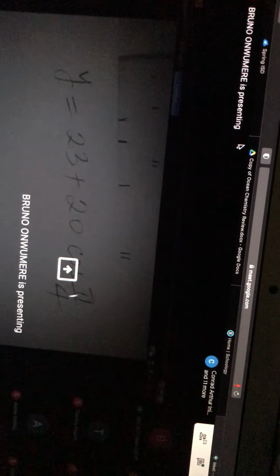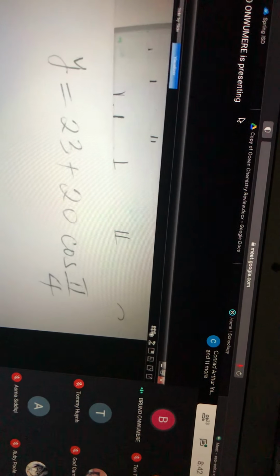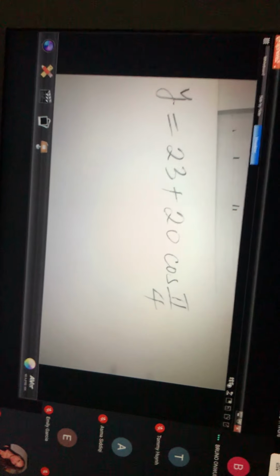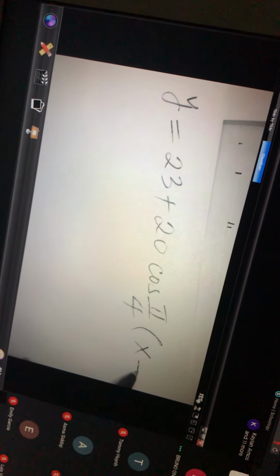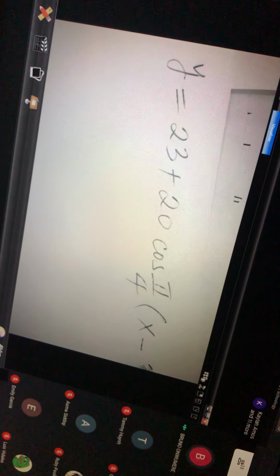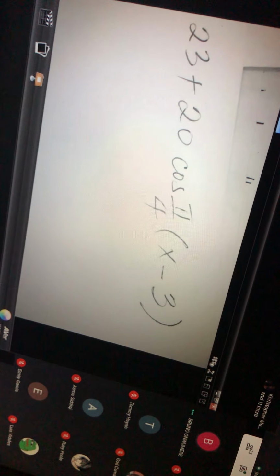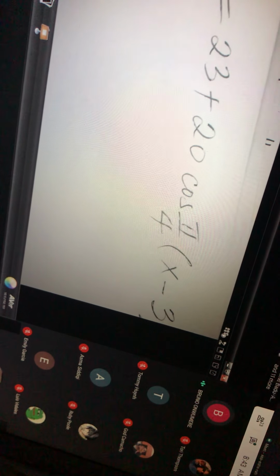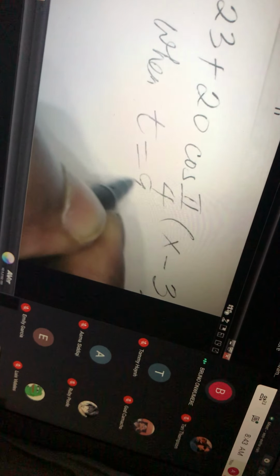All right, ladies and gentlemen, people at home, you can see my screen now. This is the equation I have: y = 23 + 20 cos(pi/4 (x - 3)). I need to predict what's the value of y when t is equal to 9.